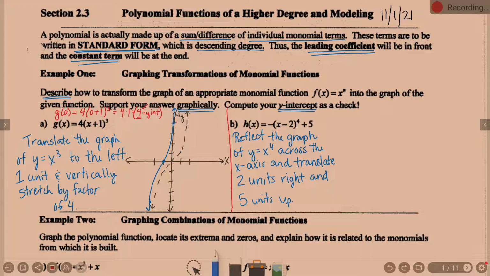Okay. I need you to mention the reflect across the x-axis. I need you to mention translate 2 right, translate 5 up, and I need you to mention that it's a y equals x to the fourth graph.